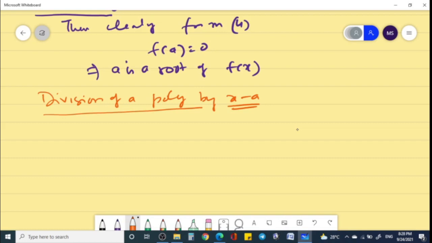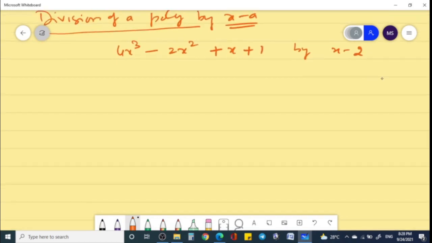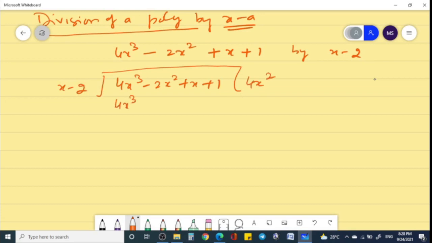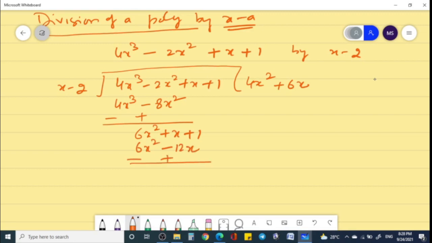If we want to divide 4x cube minus 2x square plus x plus 1 by x minus 2, then by the long division method, or school book method, we will have such a thing. 4x square, 4x cube minus 8x square, and this is 6x square plus x plus 1 now, and this is 6x square minus 12x, giving 13x plus 1, and now 13x minus 26, this is 27.